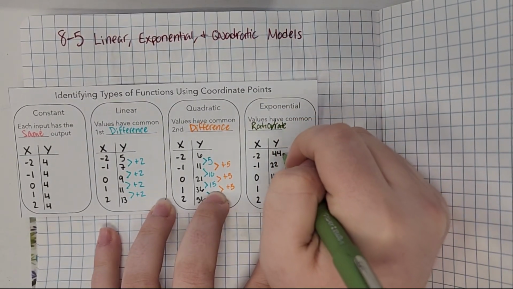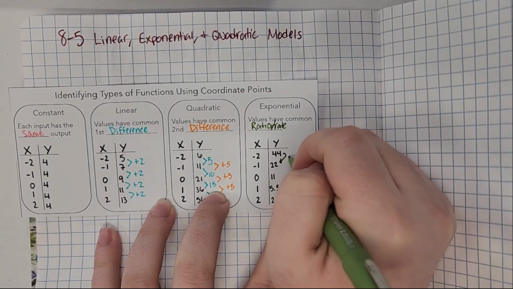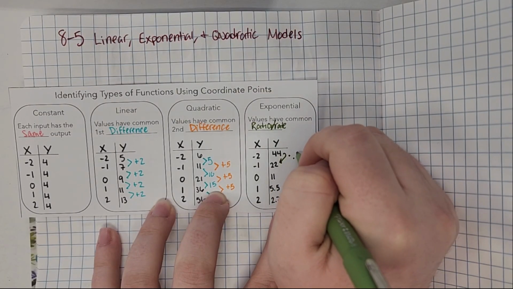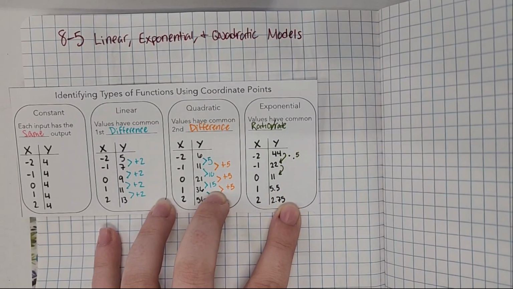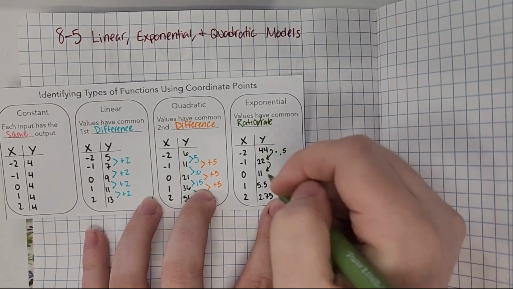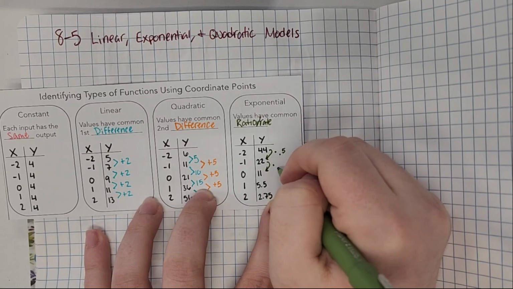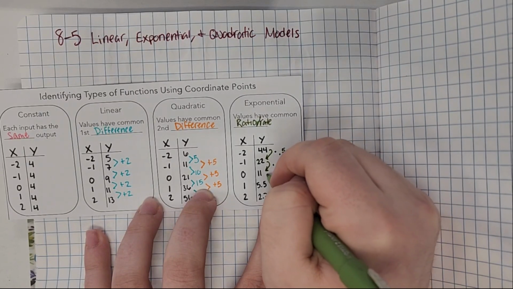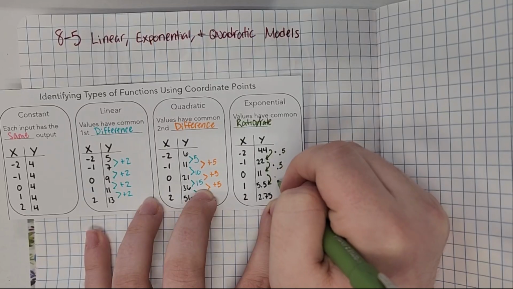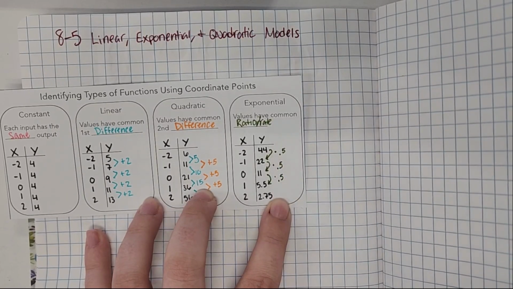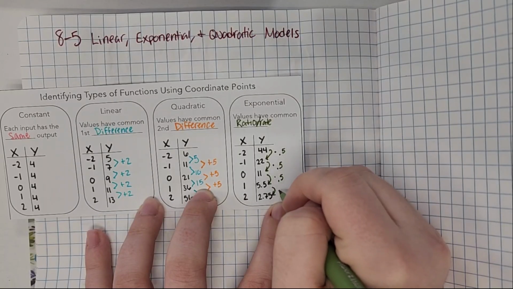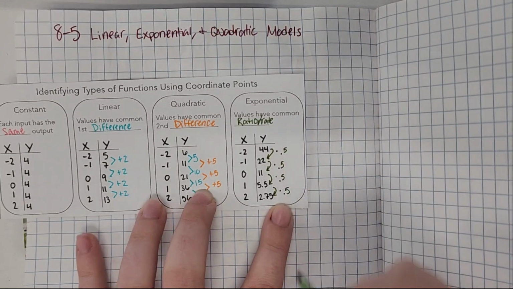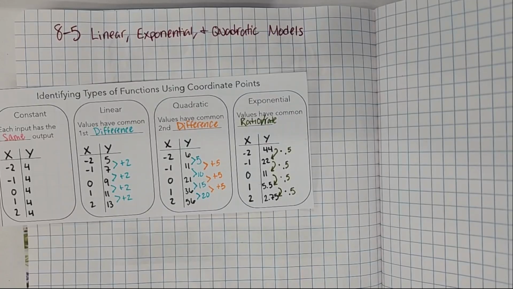So if we look at this, 44 to 22, that is multiplying by 1/2 or 0.5. 22 to 11, we're multiplying by 1/2 or 0.5. 11 times 0.5 or times 1/2 gives us 5.5. Multiply that by 1/2, and that gives us our common ratio of 0.5.